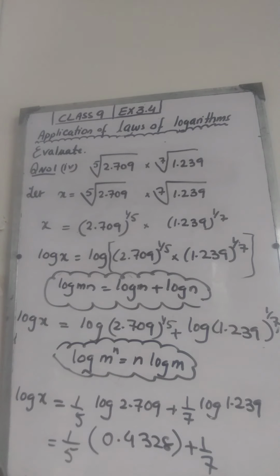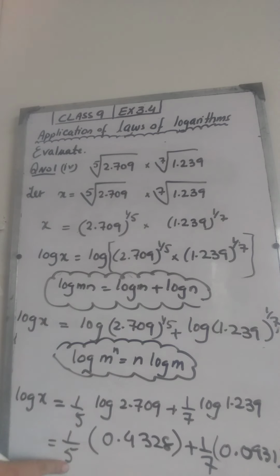That also we can get from the calculator. Log of 1.239 will give us the answer 0.0931 up to 4 decimal places. We are getting this answer.